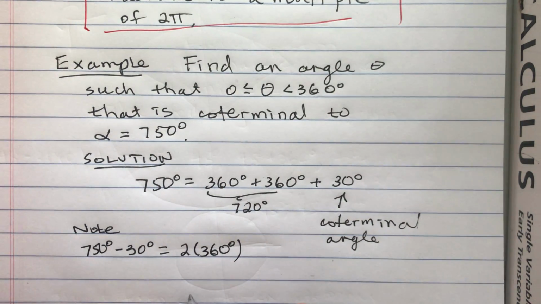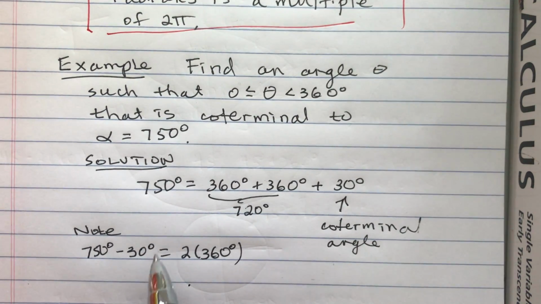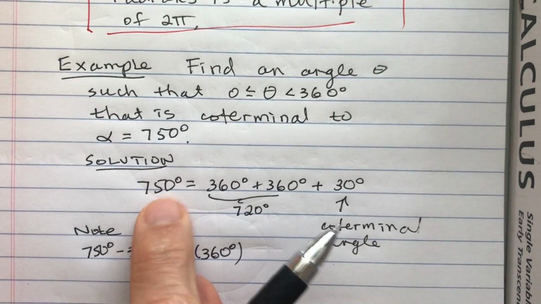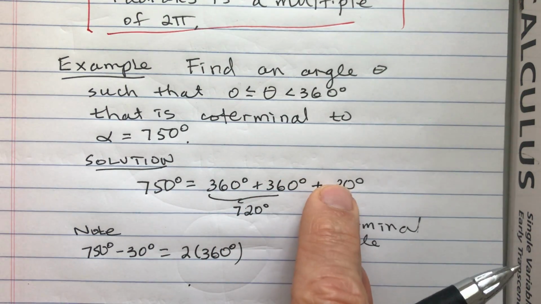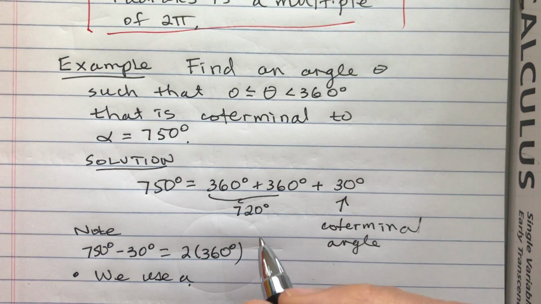Now, in a more practical way, what you can do is you can take your calculator and you keep subtracting 360 until you get an angle between 0 and 360 degrees.